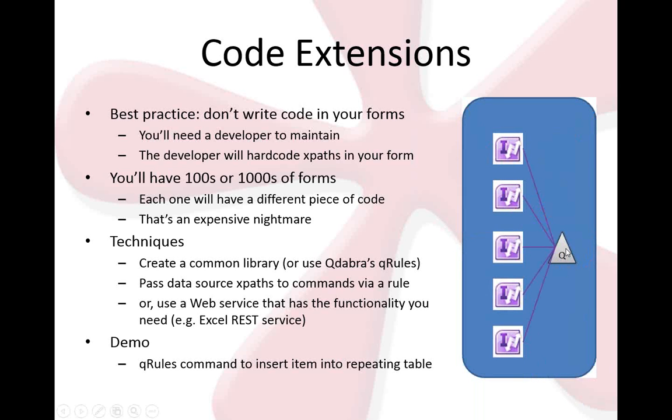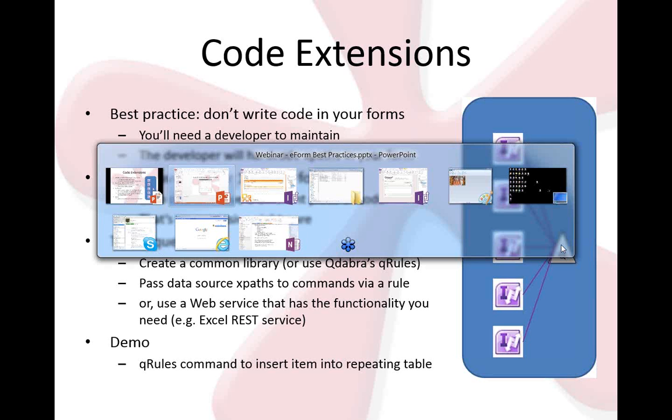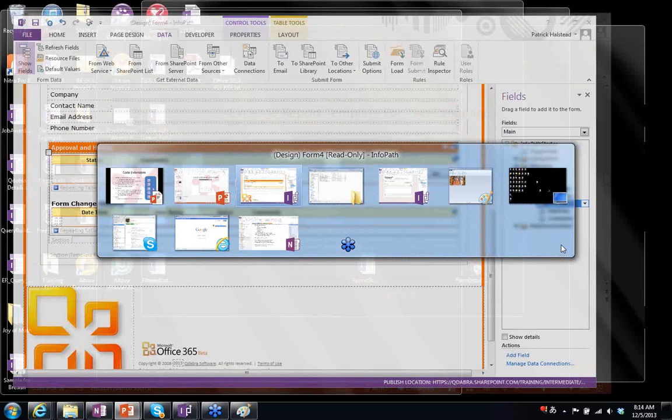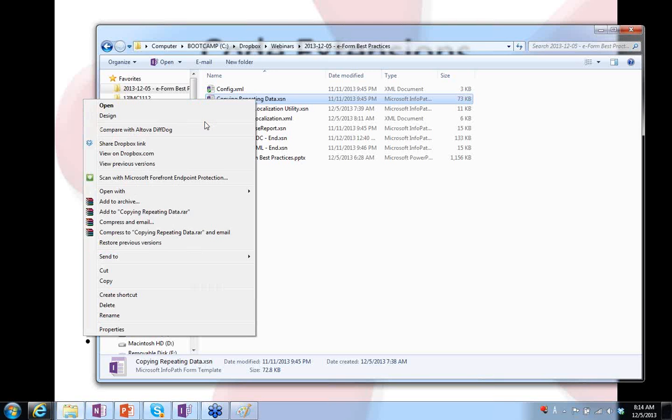Here we're using a data-driven approach to create a common library, and what's data-driven about it is the command that we're passing to this library. Qrules takes a command, and you pass a command as a rule, and then the command actually tells Qrules what to do. So it's not dependent on a specific form template. It can be used in all kinds of templates.